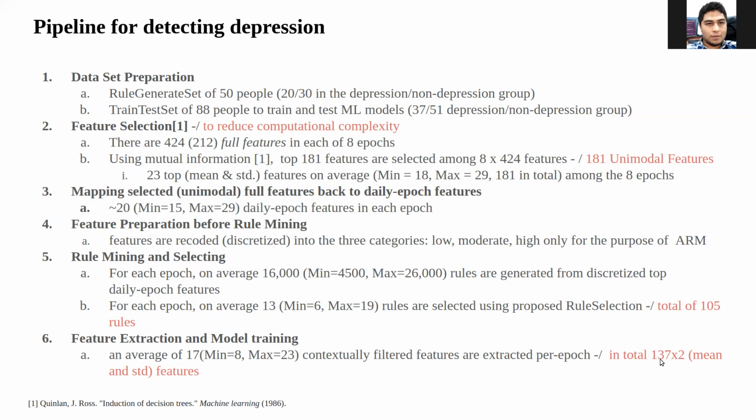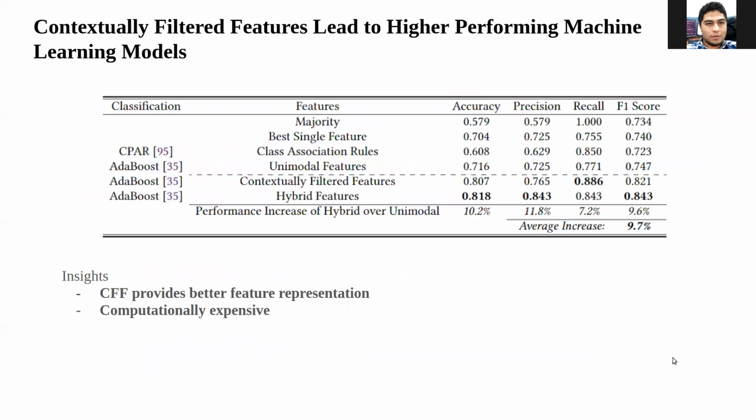In X implies Y association rules, the Y set could contain more than one feature. That's why we have 137 instead of 105. And these 137 are daily epoch features. But if we do aggregation using mean and standard deviation, it would be multiplied by 2.